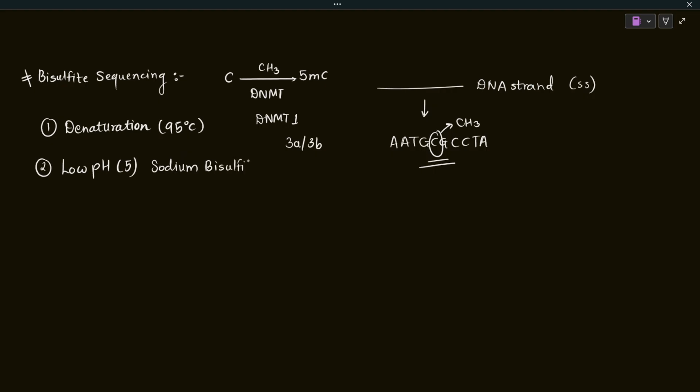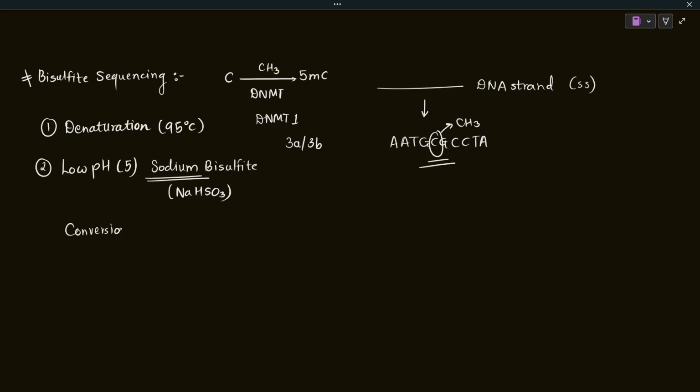Sodium bisulfite's chemical formula is NaHSO3. Now this sodium bisulfite will do the conversion reaction.